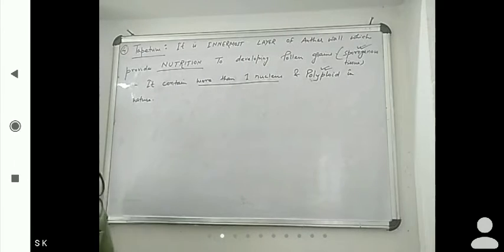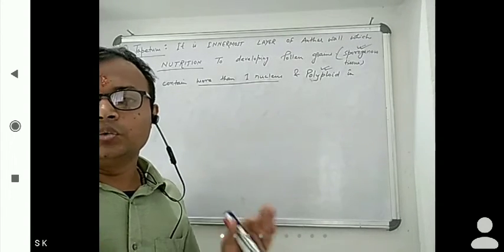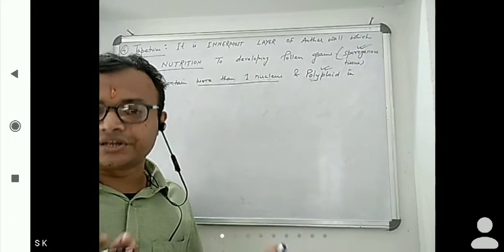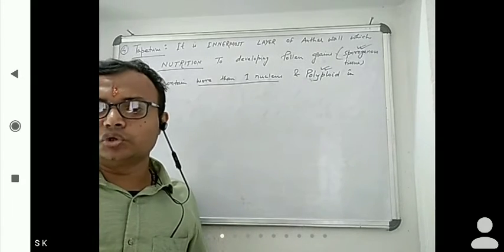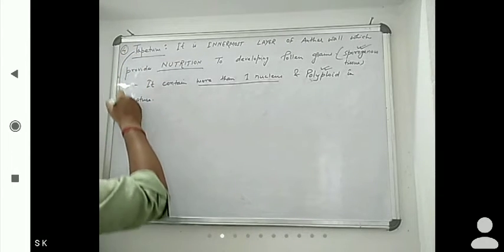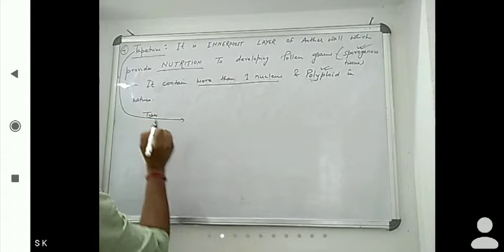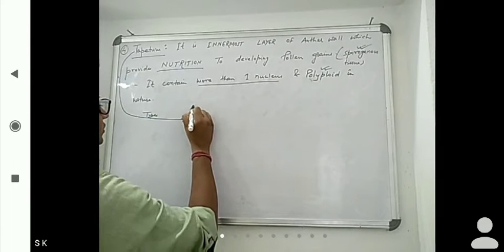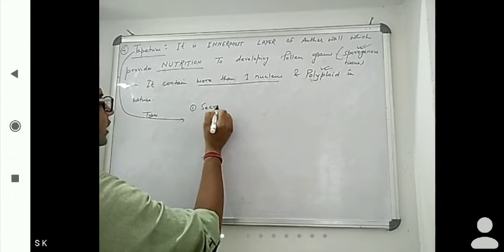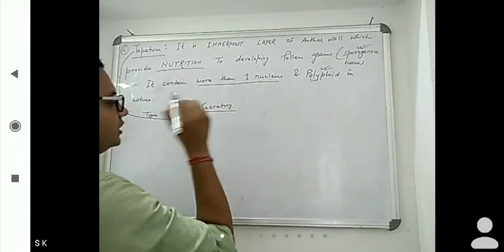Now this tapetum also has two types. One is known as secretory type and one is known as amoeboid type. One is secretory.